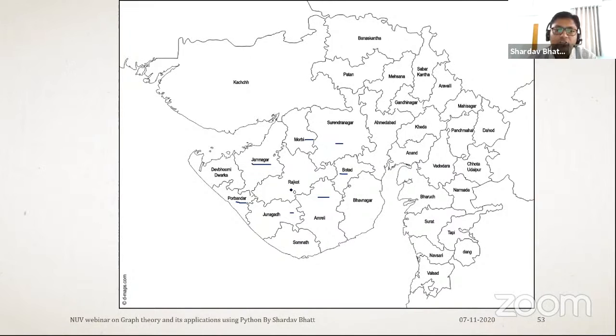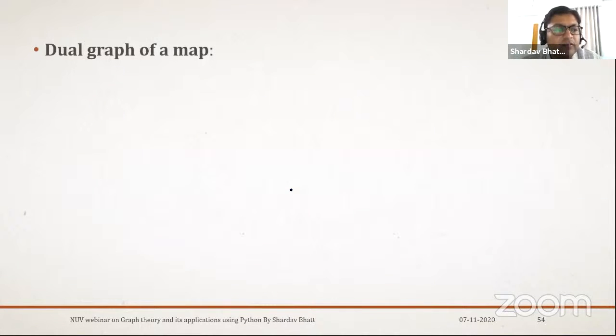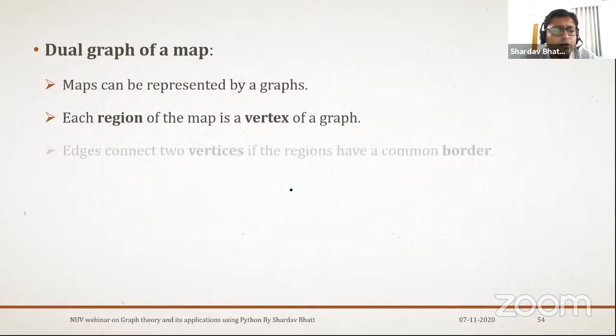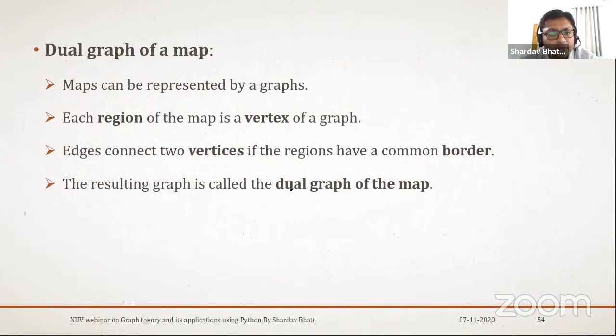So for that, you need to convert this map into a graph. This is the map. We need a graph version of this map, and that is done by the dual of a map. The dual of a map says that every city will be represented by a vertex, and if two cities are neighbors, then there is an edge between those two vertices.